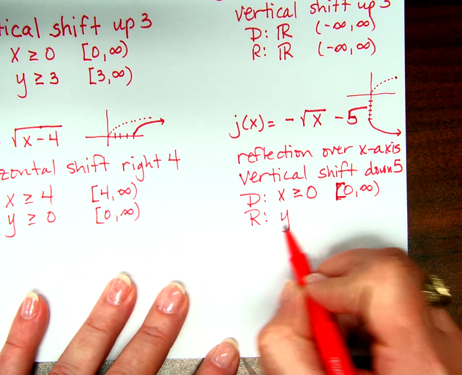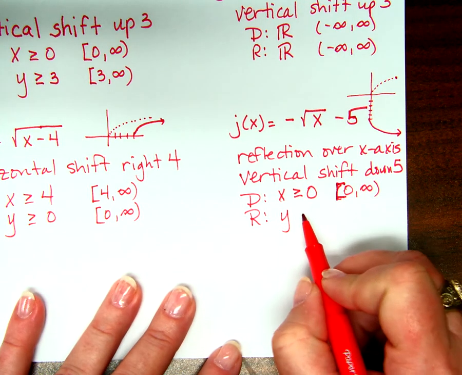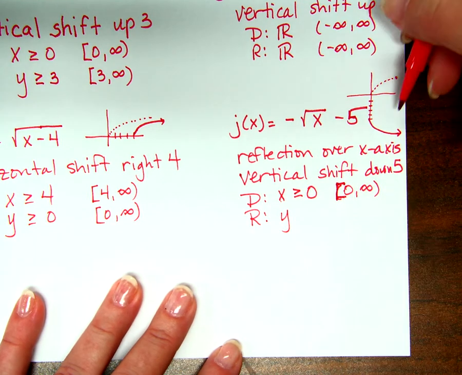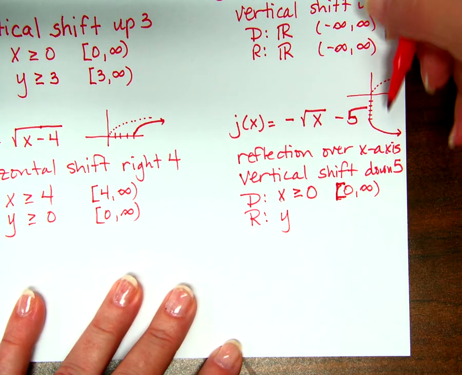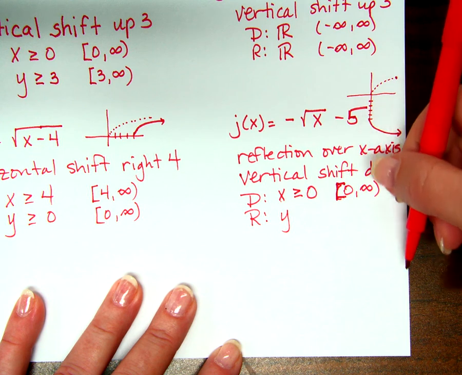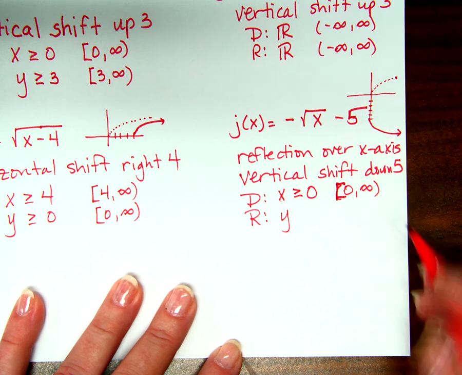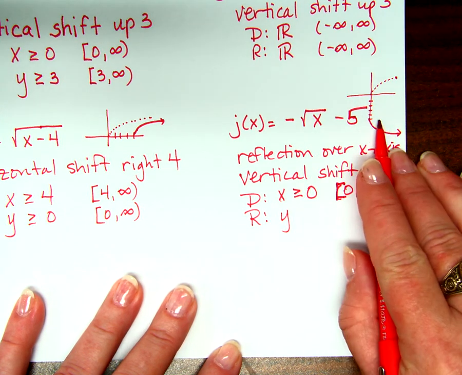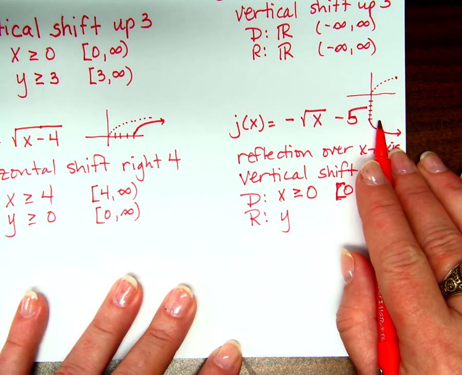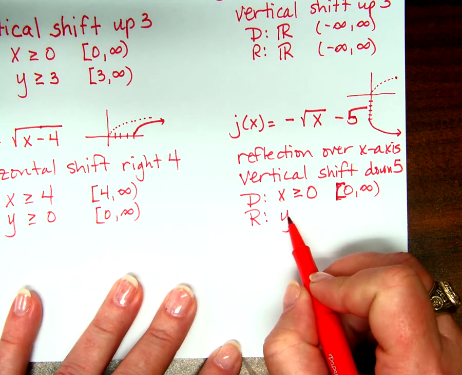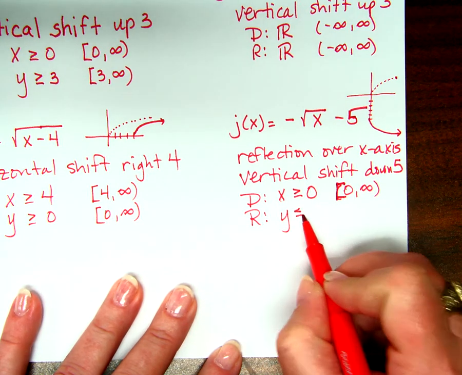So y is what? How far down does it go, guys? Guys, how far down does it go? All the way, right? How far up does it go? To -5, right? So it's everything less than -5.